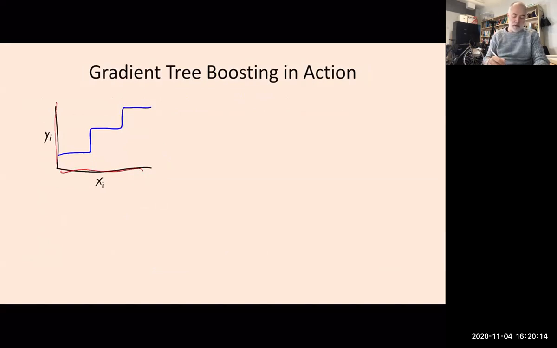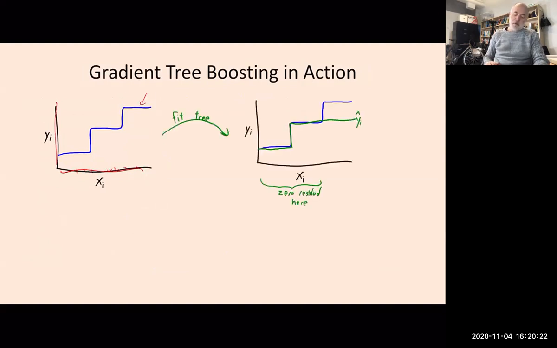Okay, so if you have an input feature X, and values associated to each individual value of x_i, basically your function looks like this blue curve from input to output. If we fit a low capacity tree to this, with a decision rule that splits on X at this value, so you have a leaf here and a leaf here, then the residual in this region is 0, and the residual over here is not 0.